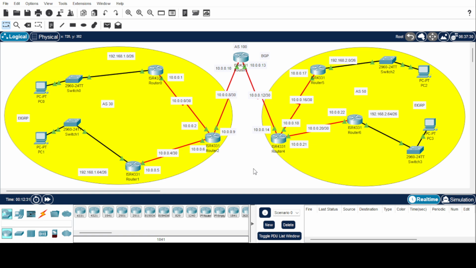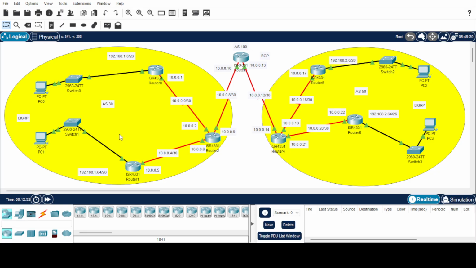For easier understanding, I am taking the same topology as I used in my previous video, where two OSPF network domains get interlinked by BGP routing protocol.